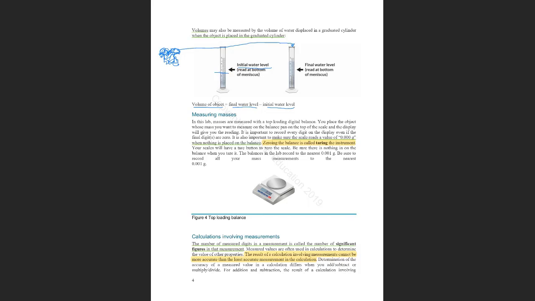So what do you do? First, you have a beaker, and you zero the balance, and you have two ways of doing it. Either you weigh the empty beaker, and then you add the water. Sorry, let me erase everything.